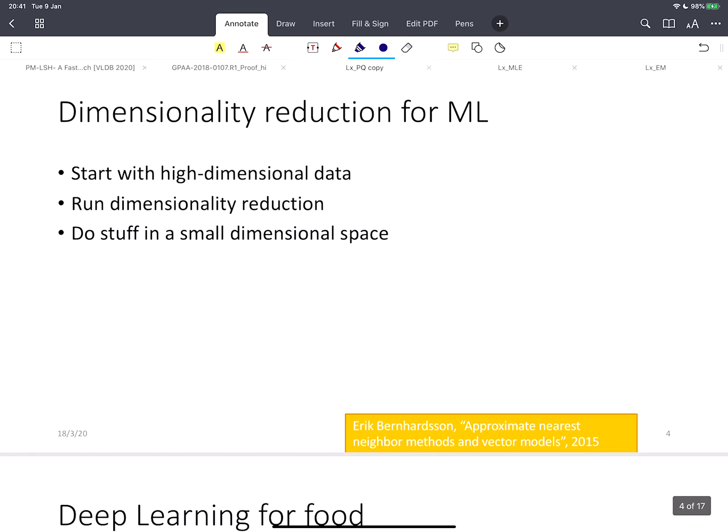Whenever you have a high dimensional space, sometimes you want to reduce it to a low dimensional space or a totally different space, such that you can do efficient whatever operations you want. So you start with high dimensional data, run dimensionality reduction, and do steps in a small dimensional space.